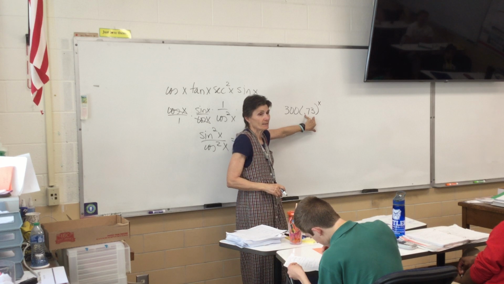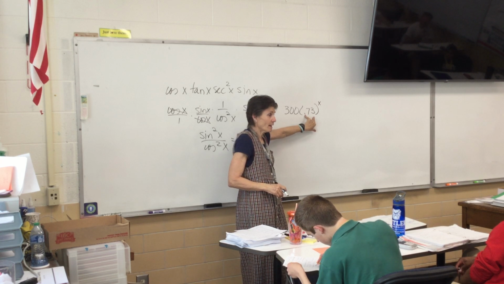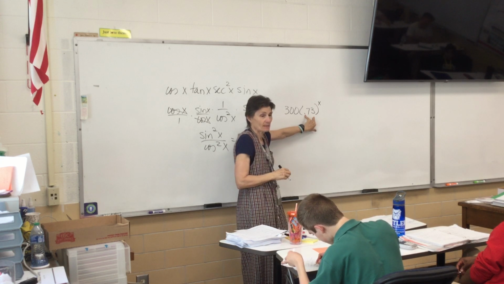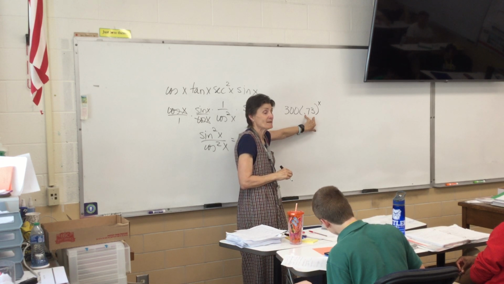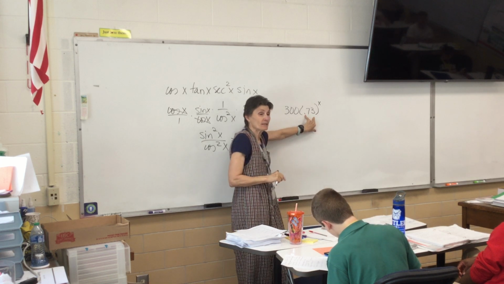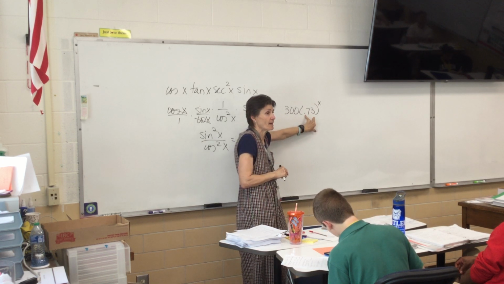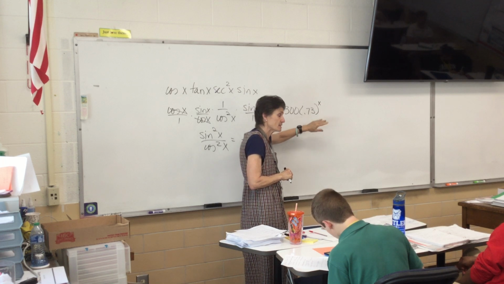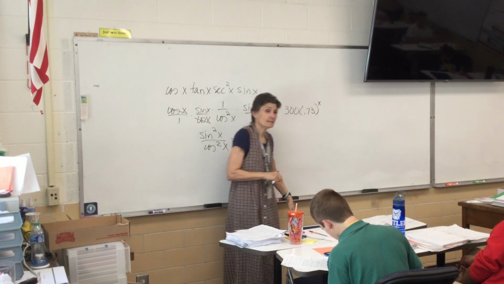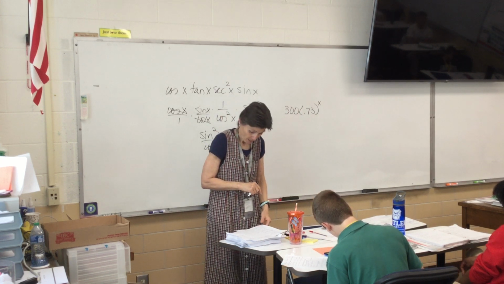He's less than 1. What would the limit of this thing be? 0, which means the terms must be getting smaller. And if they're getting smaller, then this is a decay problem. If that number's bigger than 1, it is a growth problem.